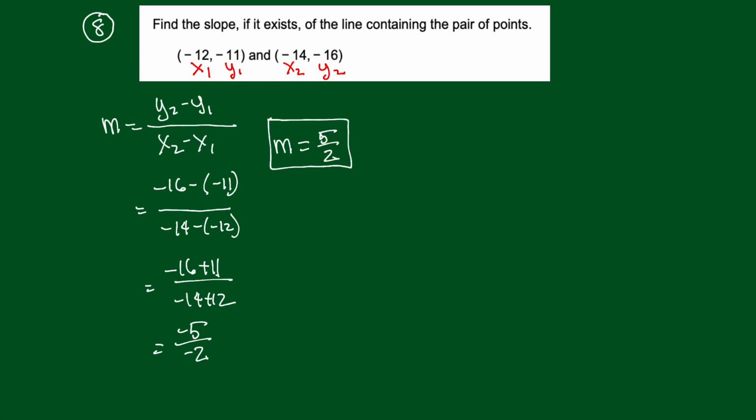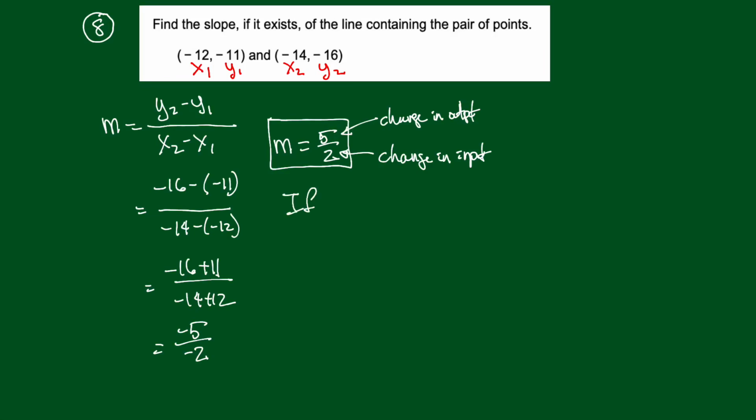Now, I could also say it this way. The horizontal change is always the change in the input. The top, that's the vertical change. That's always the change in the output. So what this says is this. Like I'm thinking I have an applied problem.